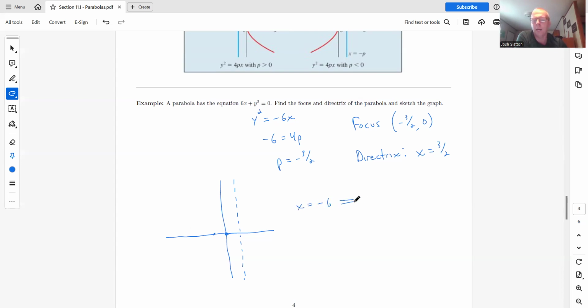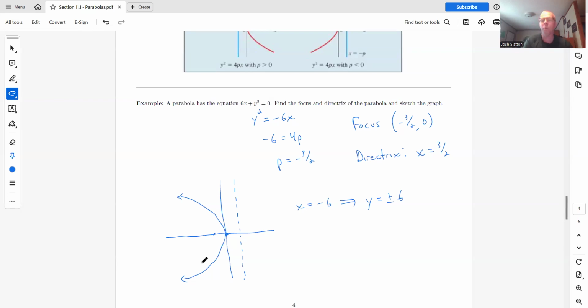And then y squared equals 36, so y is plus or minus 6. And so we'll just put this up here somewhere and it looks something like that. So literally you're just doing the same thing with the vertical ones, just everything is flipped. So no big deal.